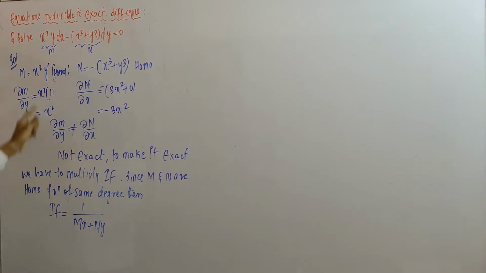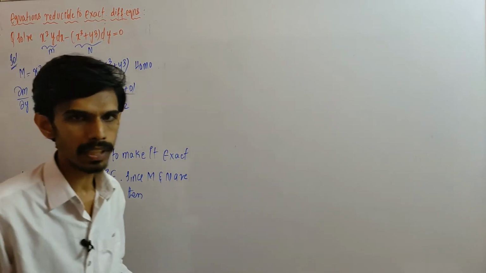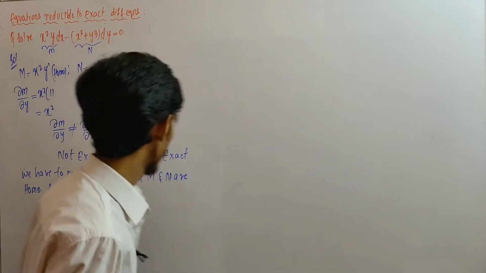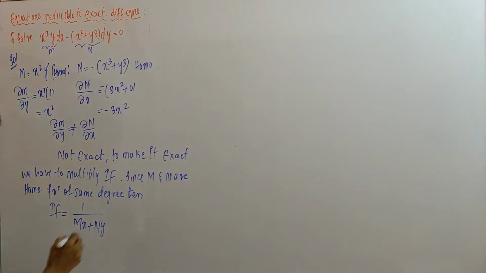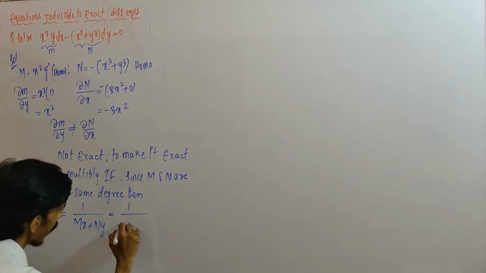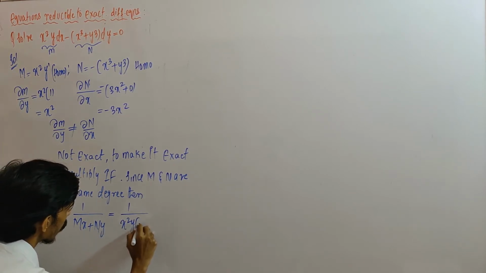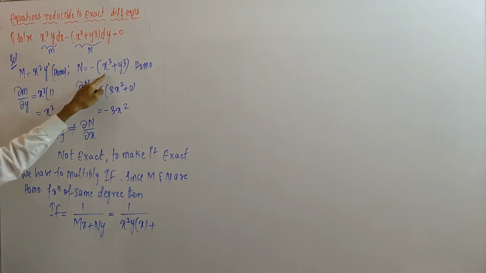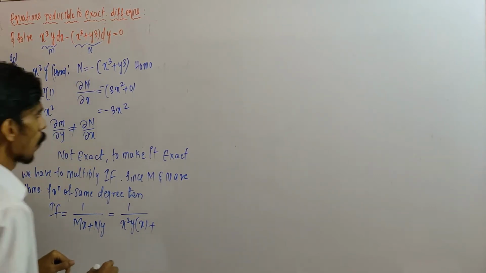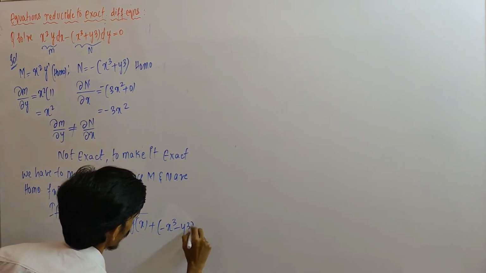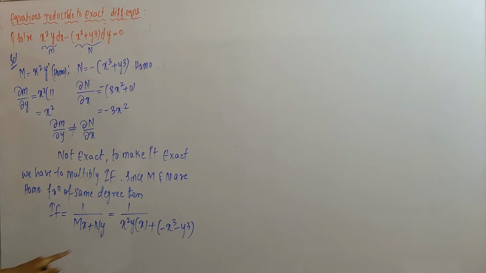We know that if M and N are homogeneous functions of the same degree, then the integrating factor will be 1 by Mx plus Ny. So this will become 1 by, M value is x square y into x, plus N value, we have minus x cube minus y cube into y.